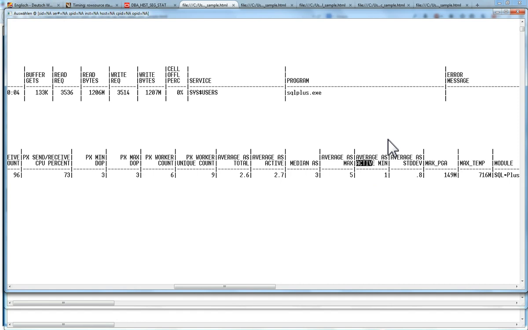Because I thought it's more helpful to give you an idea for those samples where actual activity was, to show you the minimum rather than showing you possibly that there were sample points where no activity was, which would then be the minimum value 0.